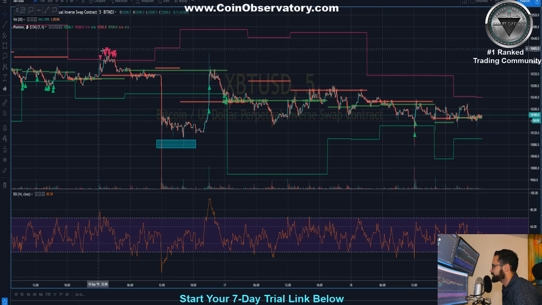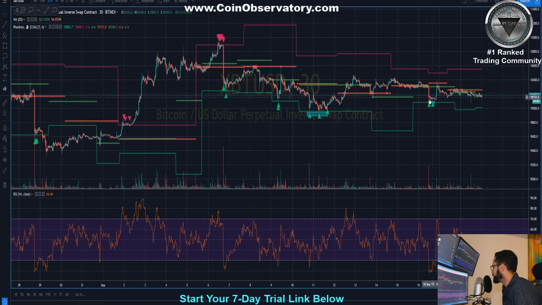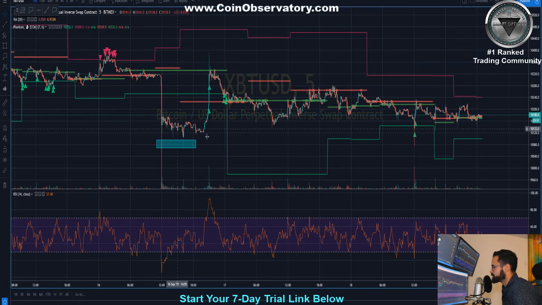That would have been a pretty good short on the 5 to pick up a 30-minute long. And that's one thing I've been preaching: short the swing, short these sell signals so you can long on Deribit without a stop loss, because it's impossible to get liquidated once you have an equal size long and short.